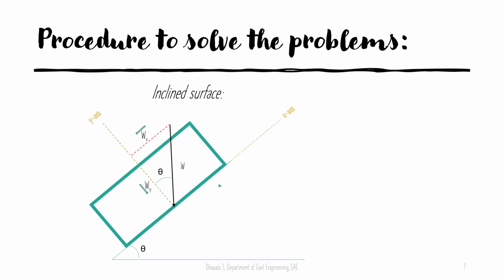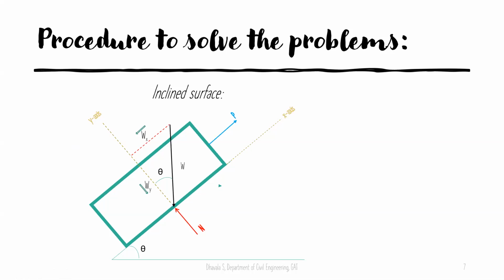We have the x component Wx of this weight W and the y component Wy. Since this is acting downwards, for the chosen reference axis, it lies in the third quadrant. Hence, both x and y components will be negative.